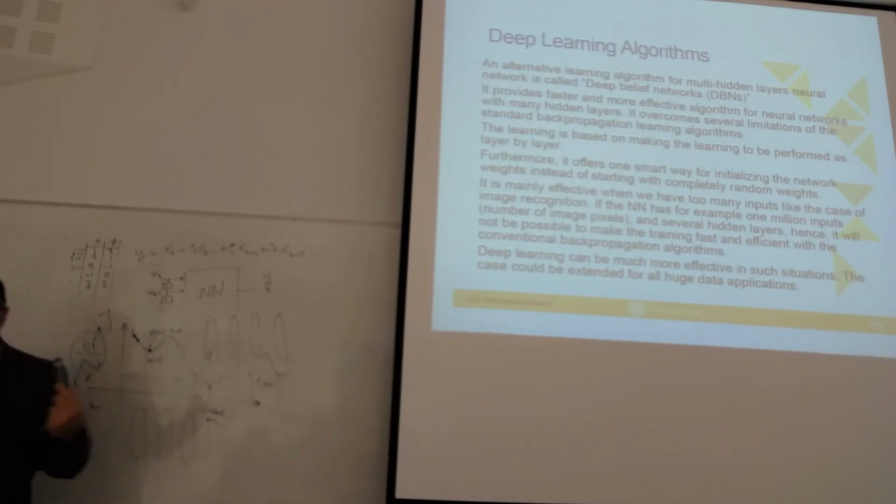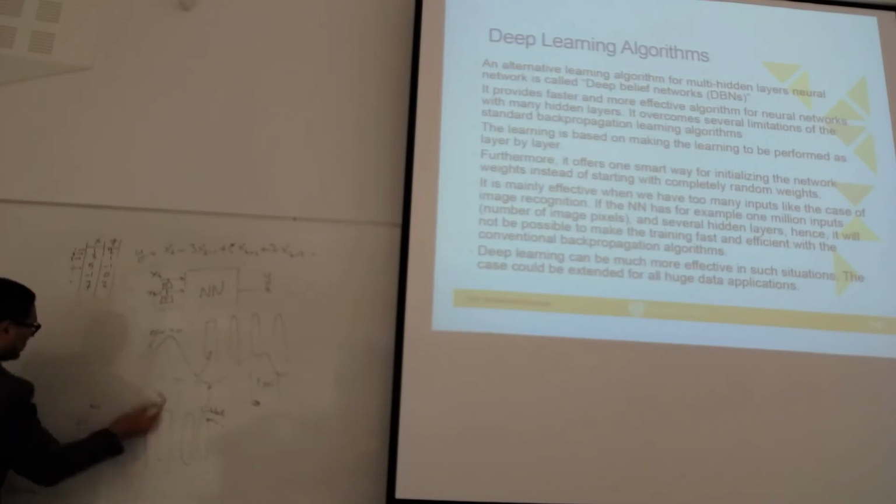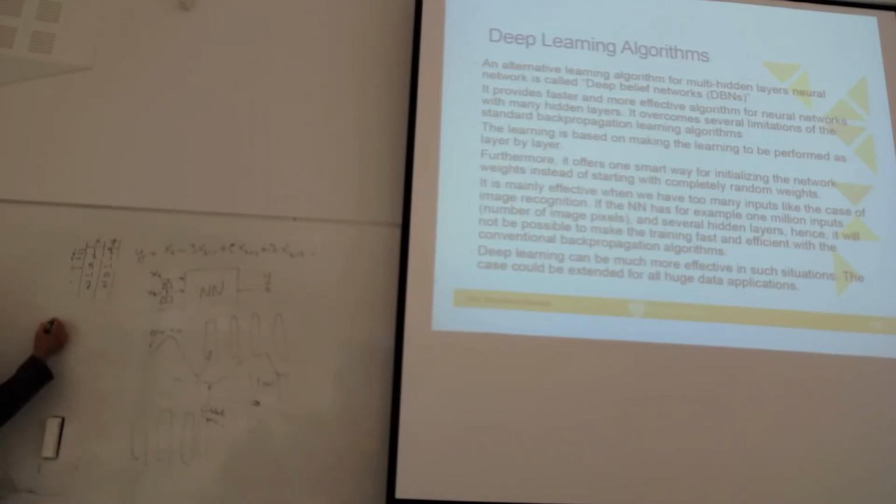You can imagine how many weights we need to adapt. For example, suppose the input has, let's say, 20 neurons, there are 3 layers, in the hidden layer we use another 20 neurons, and in the output layer we have 5 outputs, so 5 neurons.